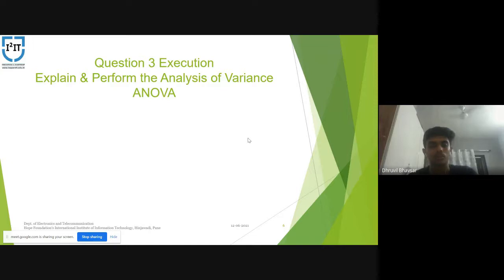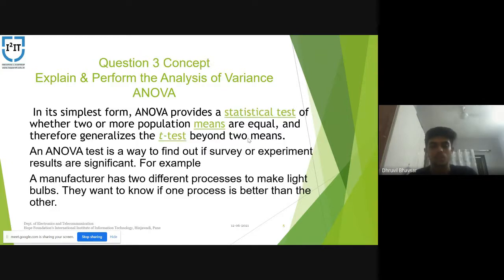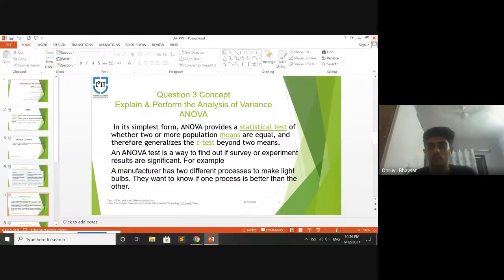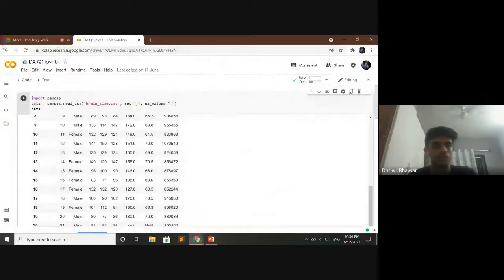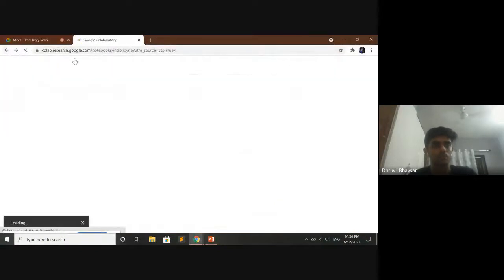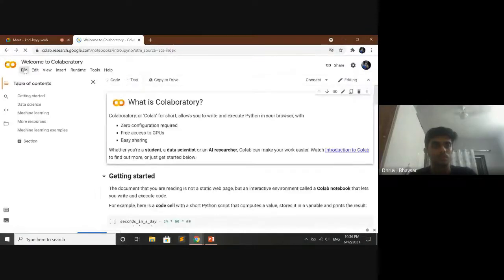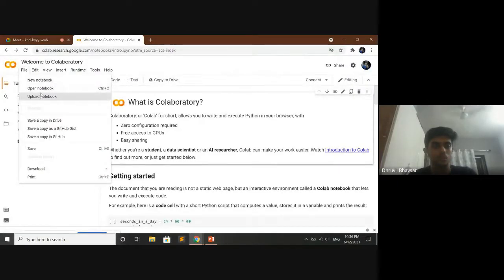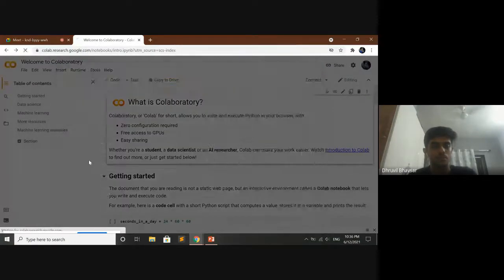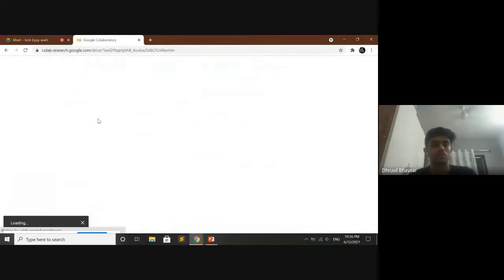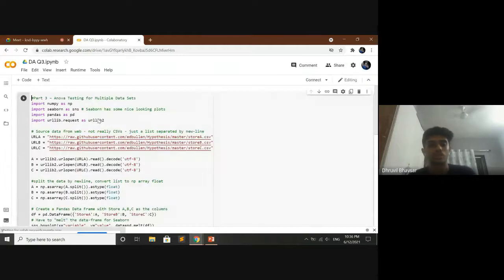For execution of this ANOVA, we go back to the Colab notebook. ANOVA is basically comparing the means of the given data.